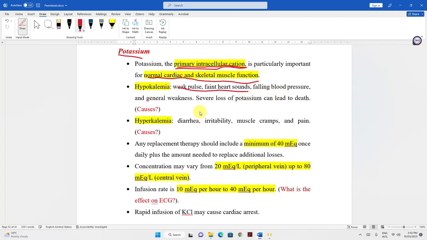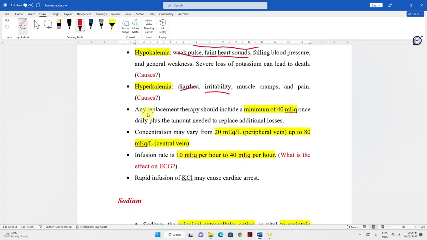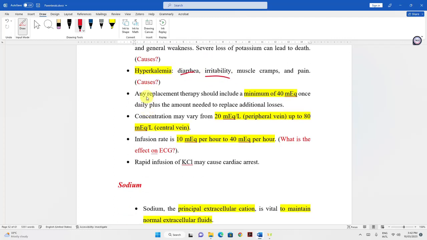Severe loss of potassium can lead to death. Hyperkalemia, the opposite, the patient might have diarrhea, irritability, muscle cramps, pain. In any replacement therapy, it should include the maintenance dose of a minimum of 40 milliequivalents of potassium per day, once per day.